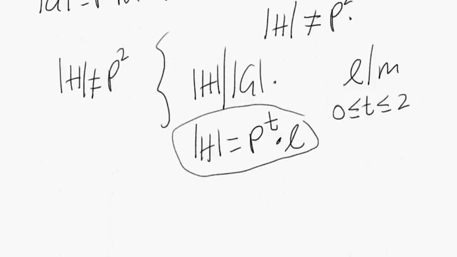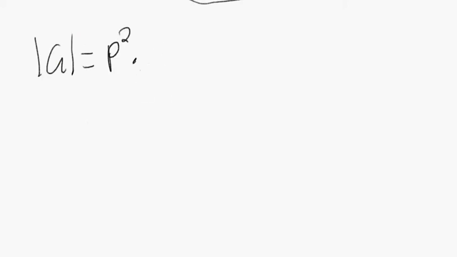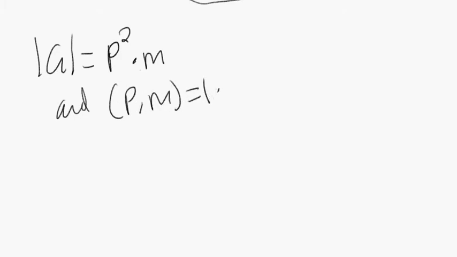And so what we resorted to was just studying what it means for the order of a group to be of the form p squared times m. What does it mean for the order of a group to be p squared times m, and for the GCD of p and m to equal 1? What do those two statements mean?